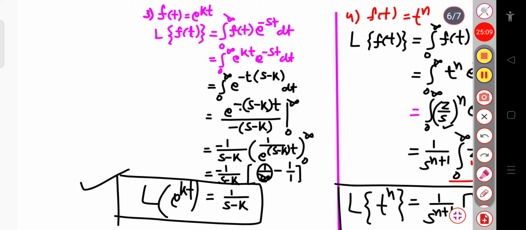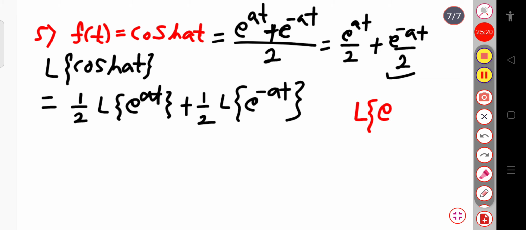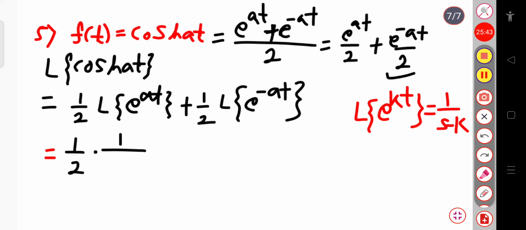Now if I put it here, for the exponential at, the 1 by 2 remains as it is, into the Laplace transform of exponential at, which is 1 divided by s minus a, the coefficient of t, plus 1 by 2 into, in place of k, here it is minus a, so s minus of minus a.